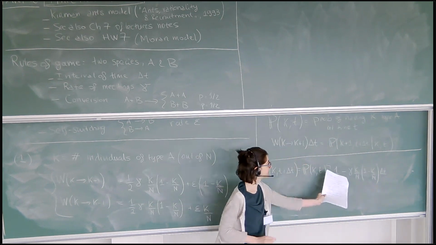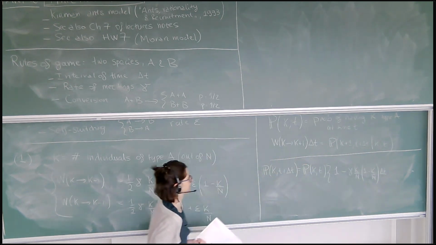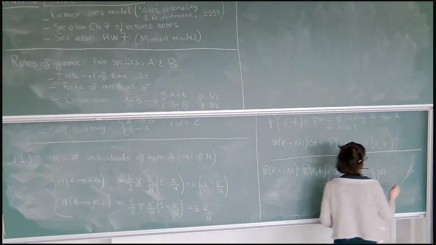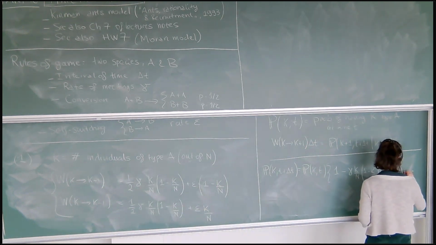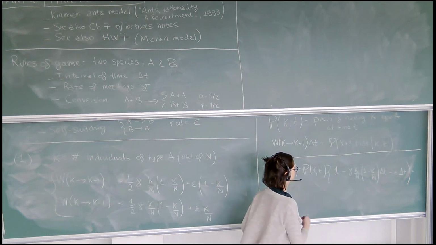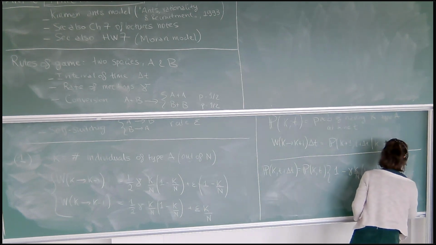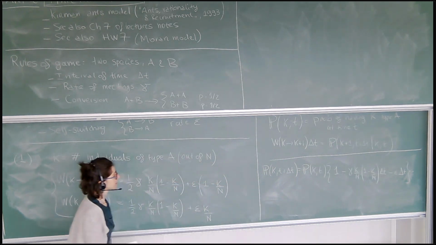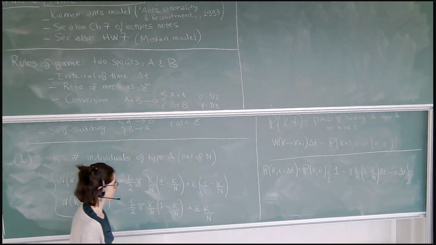I remember I add the dt because gamma is always a rate, so it has a dimension of 1 over time. And the probability that one of those switches is just epsilon dt. Okay, so this is the contribution when nothing happens.